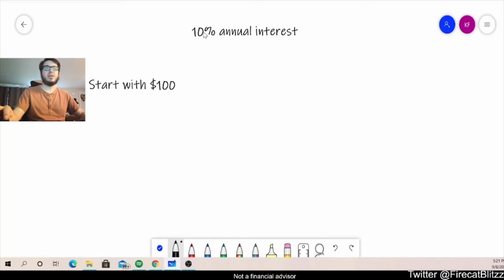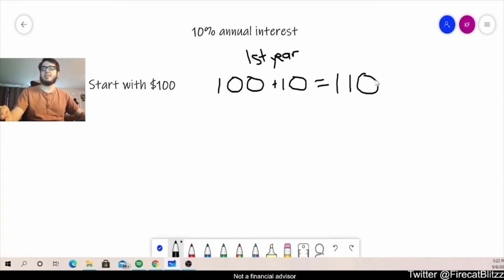And if we gain 10%, 10% of 100 is $10. So we have $100 plus our $10 that we gain from interest. And at the end of the first year, we're going to end up with 100 plus 10, which is $110.